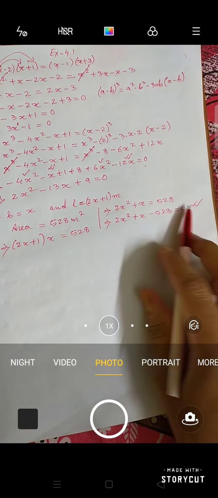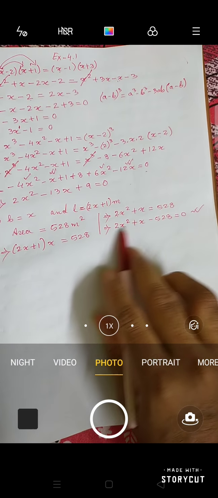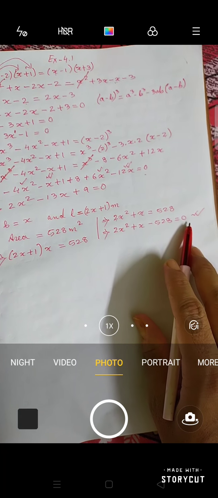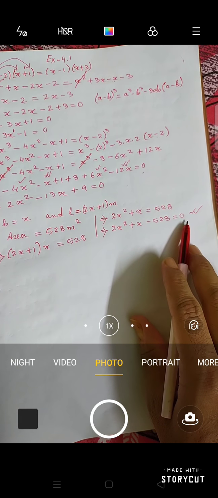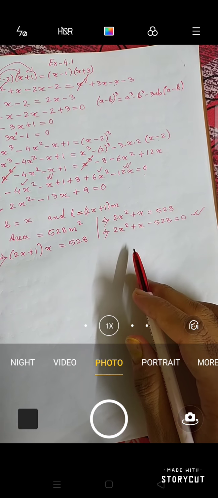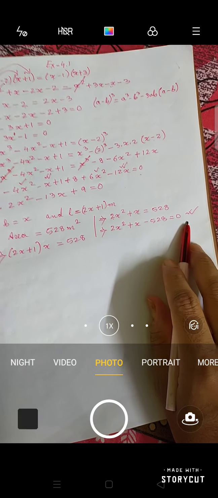So our answer is over according to the question. But it is also said that we need to find the length and breadth of the plot. So we have framed the equation, now we will find the length and breadth.